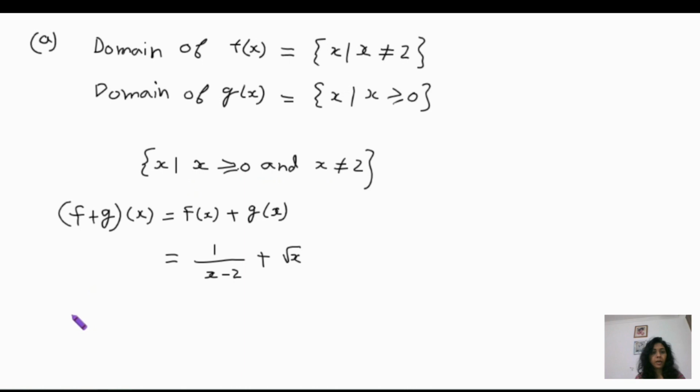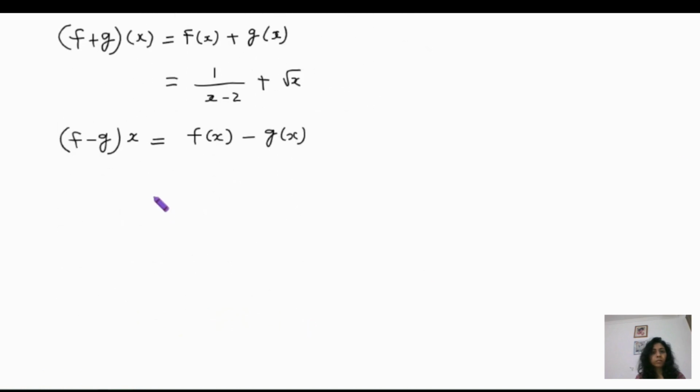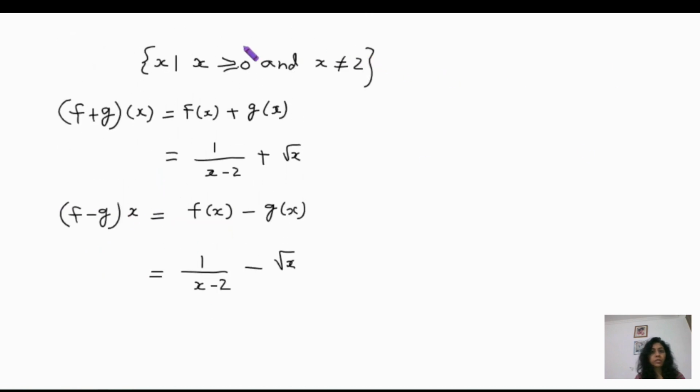Okay, now f minus g, the difference of the functions: f(x) minus g(x). Here the f(x) function is 1 upon x minus 2 and g(x) is square root x. And for this the domain is the same as this one.